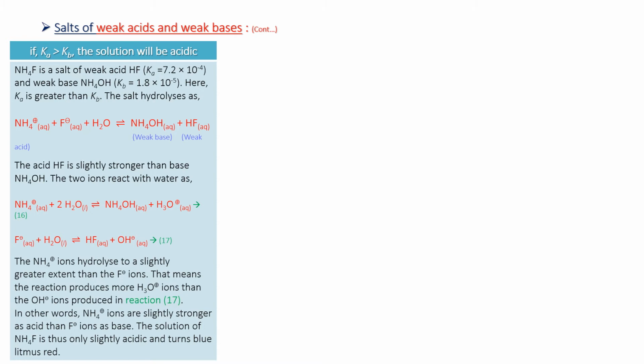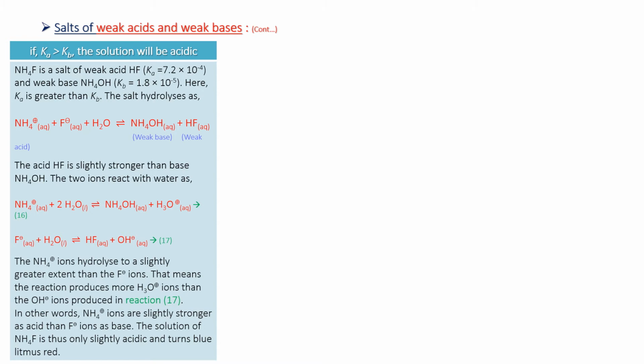This means in this reaction there is a higher concentration of H3O plus ion as compared to OH minus ion. In other words, NH4 ion is slightly stronger as an acid than F minus ion as a base.